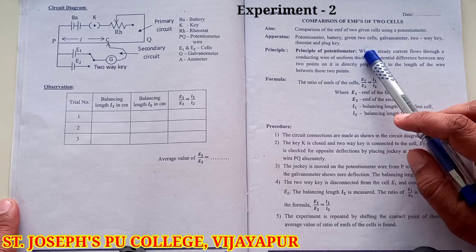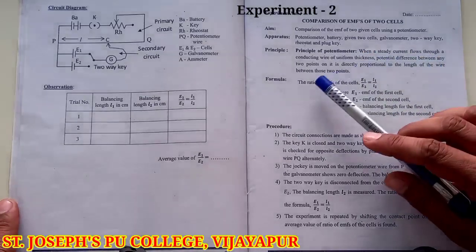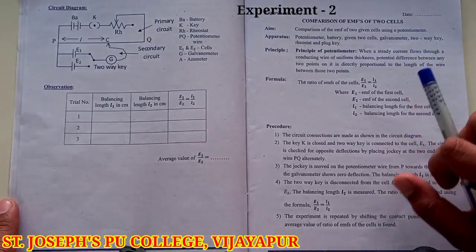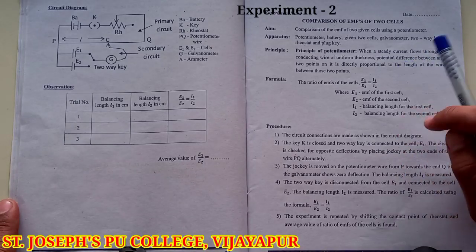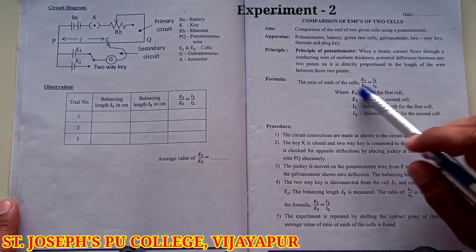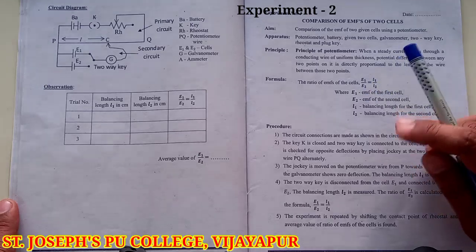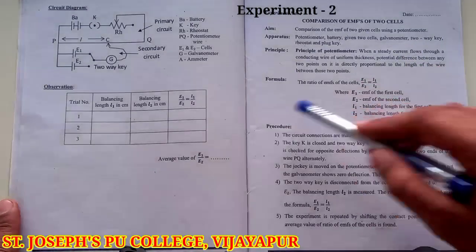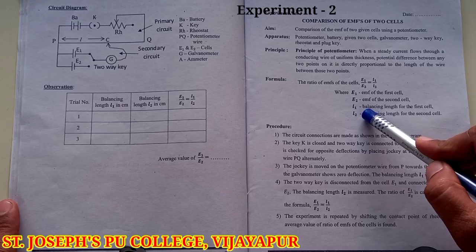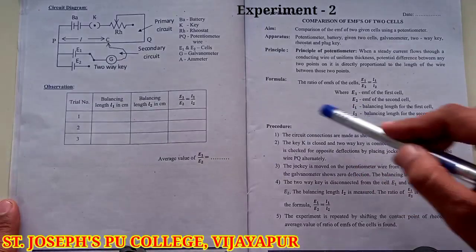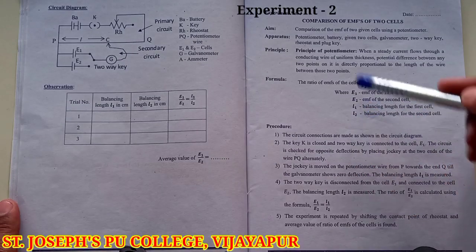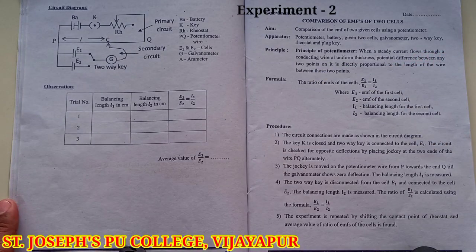Just recall that a steady current flows through a wire of uniform thickness, and if you take any 2 points on that wire, the potential difference between them is directly proportional to the length of the wire between those 2 points.